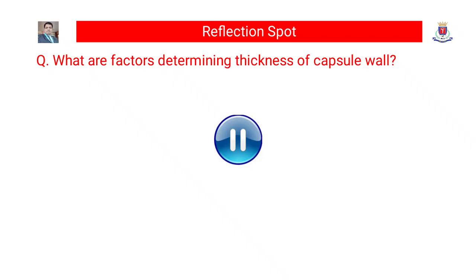Now think on what are factors determining thickness of capsule wall. Pause the video for a while and write your answer in notebook. I hope you have written the answer.